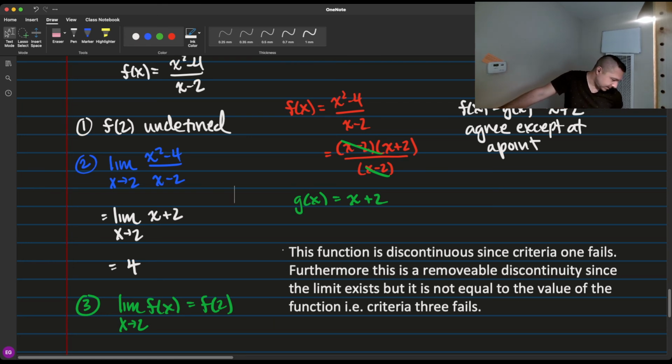Okay, so how do you know it's a removable discontinuity? Because the limit did exist. If criteria 2 had failed, it would have been a jump or an infinite, but it was criteria 3 that failed, so it's removable.